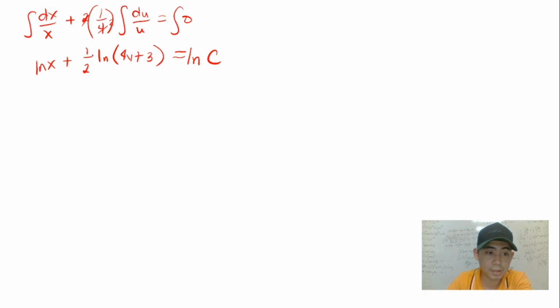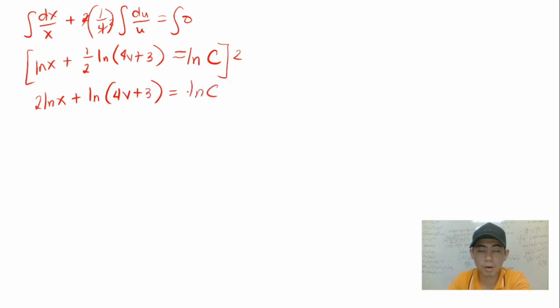In order to eliminate the denominator, you need to multiply the whole equation by 2. So, 2 ln of x plus ln of (4v plus 3) is equals to ln of c. 2 ln of c is still ln of c, since c is still a constant, so there is no difference.